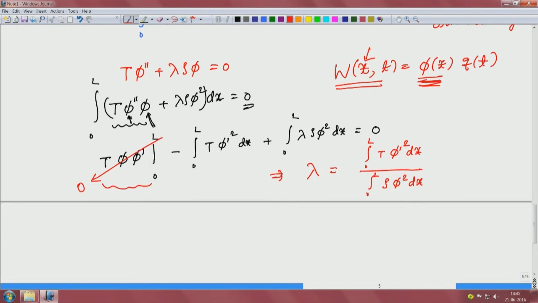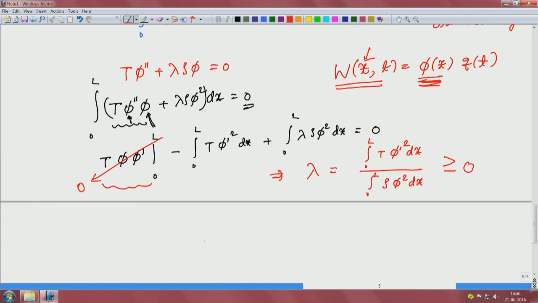If the tension T is negative, that is there is slackness, there is no tension, you cannot vibrate a string. So, tension is by definition positive, mass density cannot be negative. So, that is also positive, and then we have phi prime square in the numerator and phi square in the denominator. So, this tells us that this lambda is greater than or equal to 0. I just took arbitrary phi i, lambda i, it will be true.